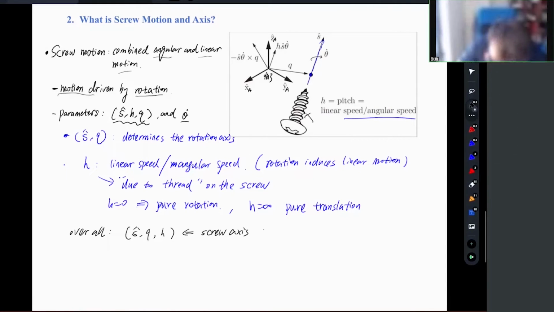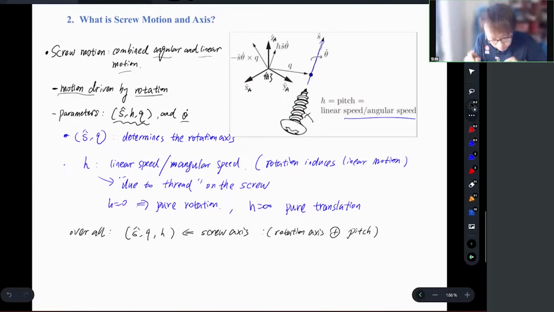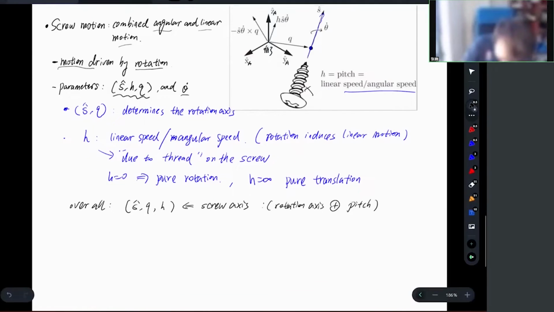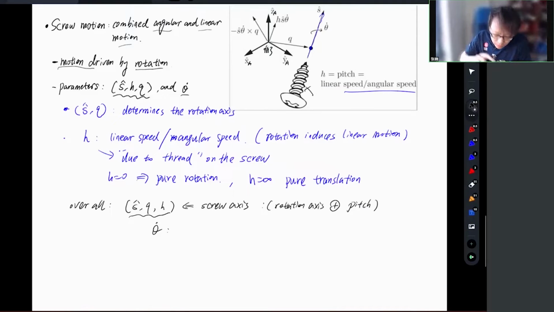Okay, so it's nothing but rotation axis plus pitch that makes it a screw, right? And this tells you the axis. And theta dot, for screw motion, you can rotate faster or slower, or it doesn't change at all, right?